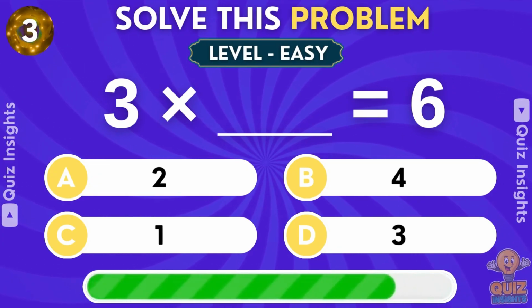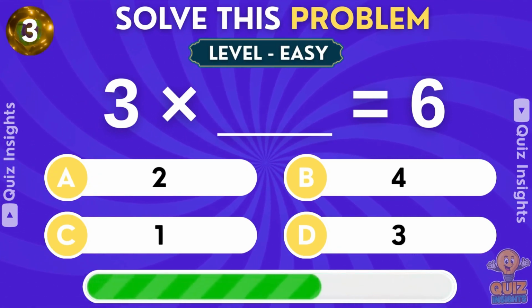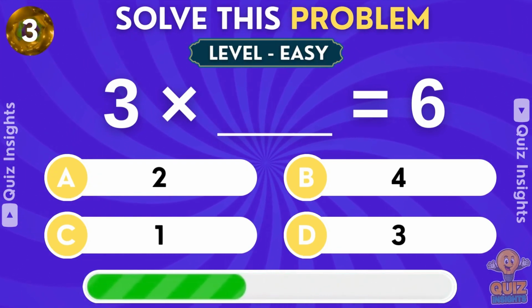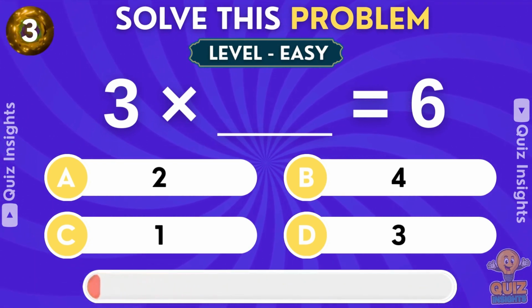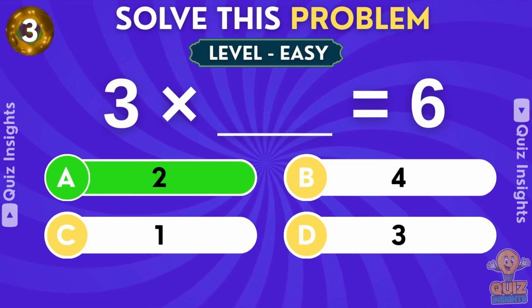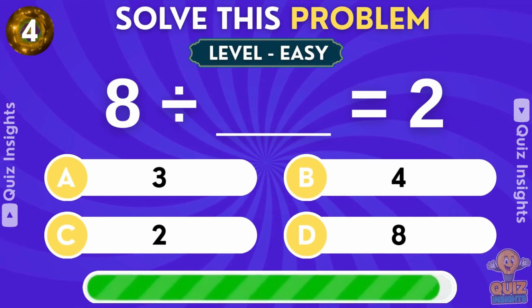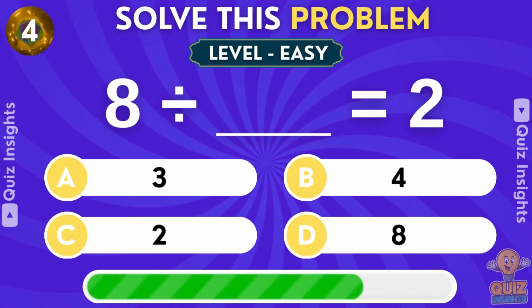3 times what number equals 6? Correct answer is 2. Good! 8 divided by what number equals 2?